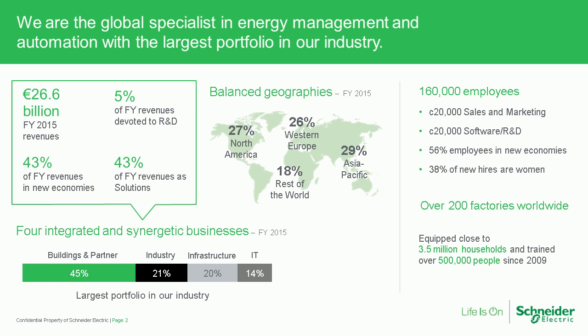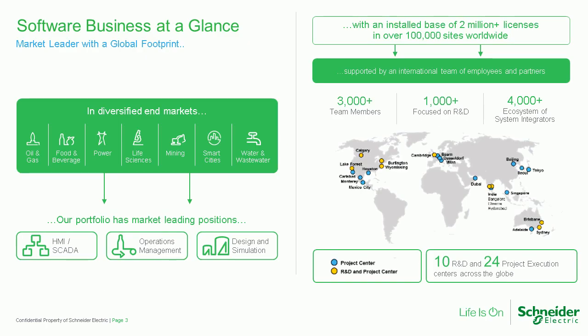Global specialists in energy management, automation, and infrastructure offers around the world. Obviously, a large multi-billion-dollar corporation. I specifically work in the software business, Schneider Electric Software, and you can see some of the specific numbers around our business.